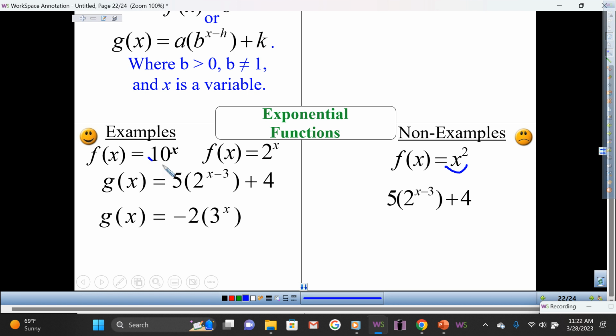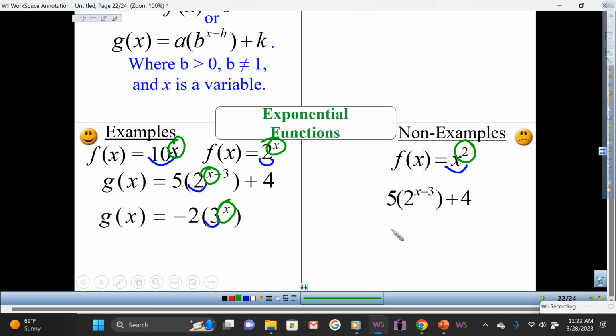That all of these do have a number for the base. Okay. What else on that same one? Why is it not an exponential function? Diego Rosas. Exponent is not a variable. That is correct. All of these have a variable.